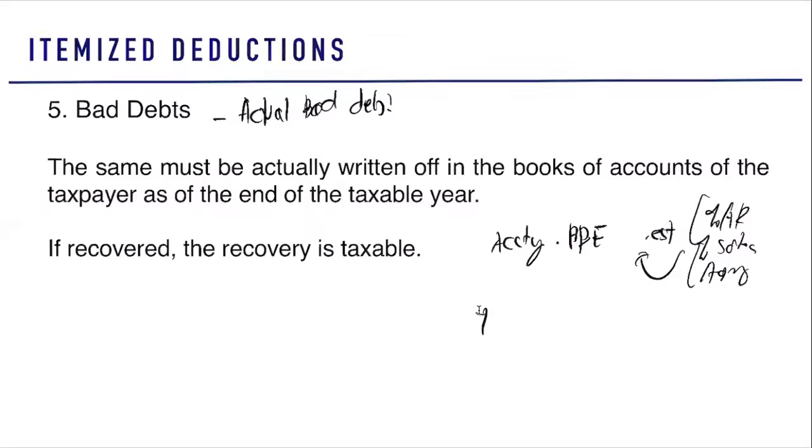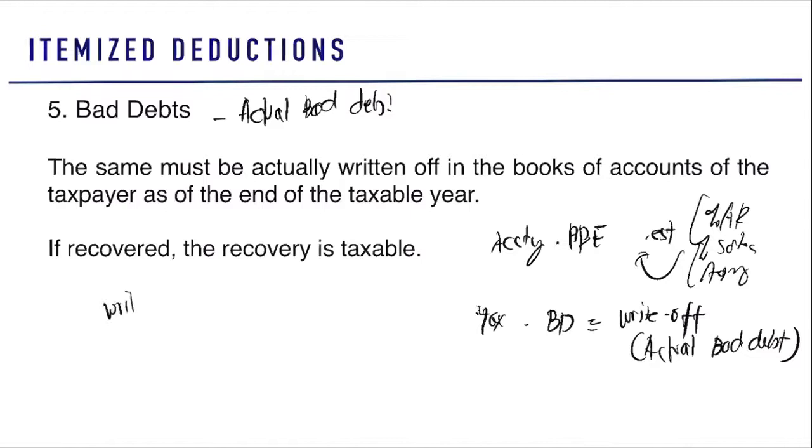However, under your taxation, bad debts equals write-off. So whatever is the amount of write-off, this is the actual bad debt. Okay? This is the actual bad debt. The rule under your bad debts is write-off is deductible, while recovery of write-off is taxable.